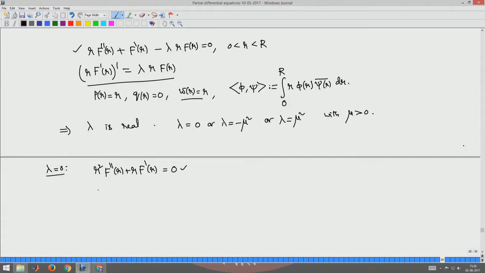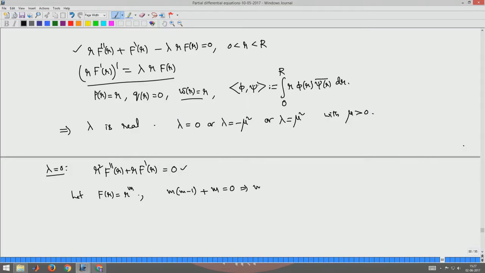So, this is like x square y double dash plus x y dash equal to 0. It is a kind of Euler-Cauchy type equation. So, you can look for solutions f of r as r power m. If you look for solutions like this, what you get is m into m minus 1 plus m equal to 0.